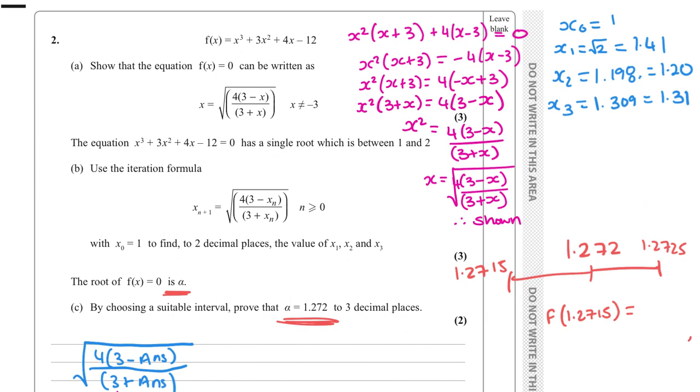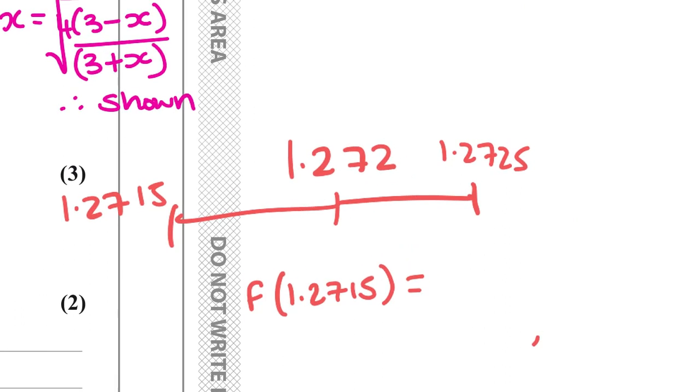So I'm going to do answer cubed plus 3 times answer squared plus 4 times answer minus 12 equals 0.008. This is -21.